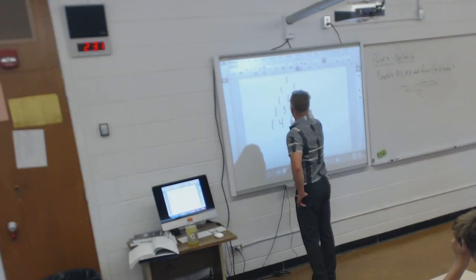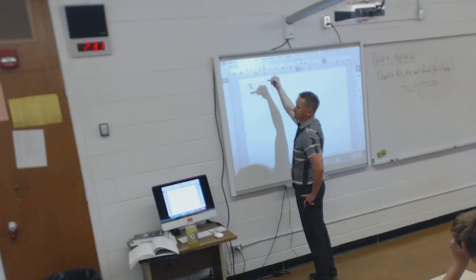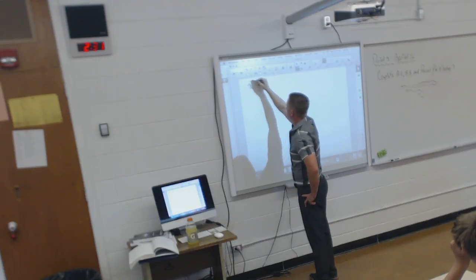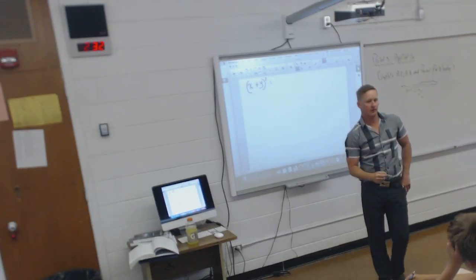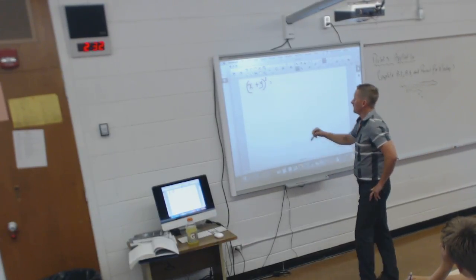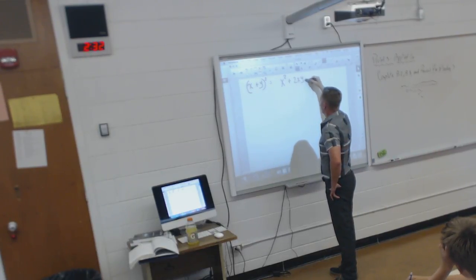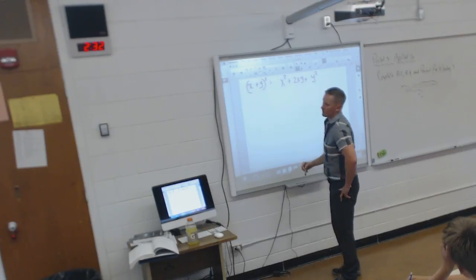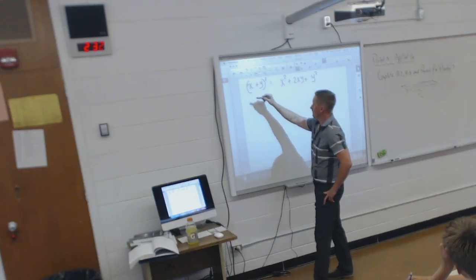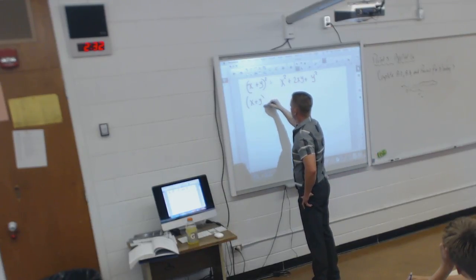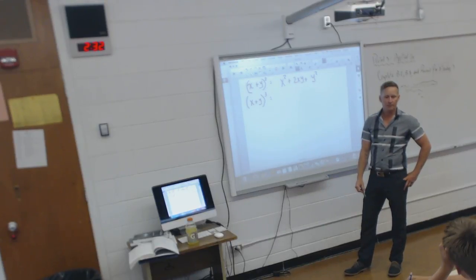So what I mean is this: if I start by looking at (x plus y) squared, and I FOIL it up, I'm going to get x squared plus 2xy plus y squared. Okay, so what are the coefficients here? 1, 2, and 1.